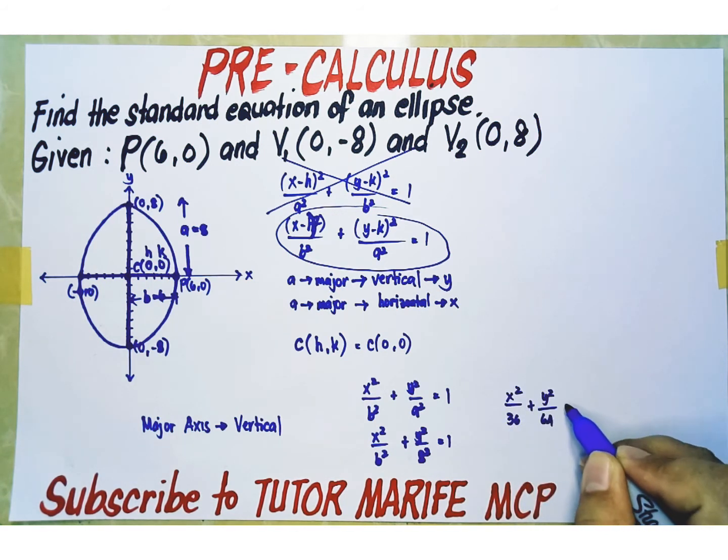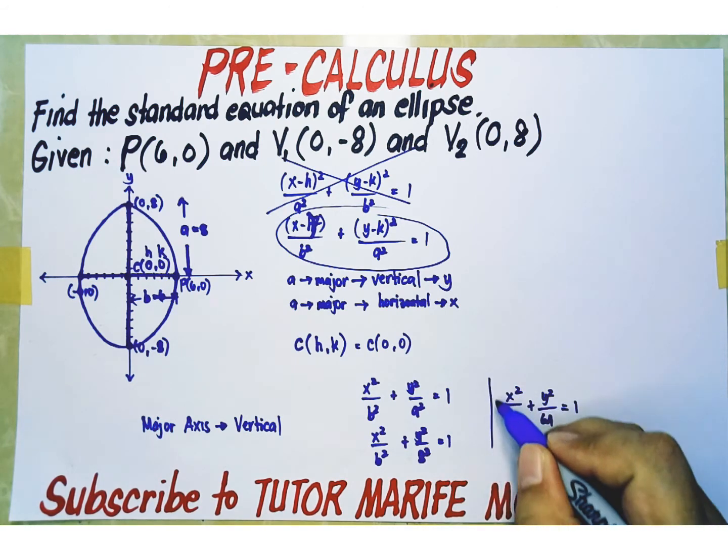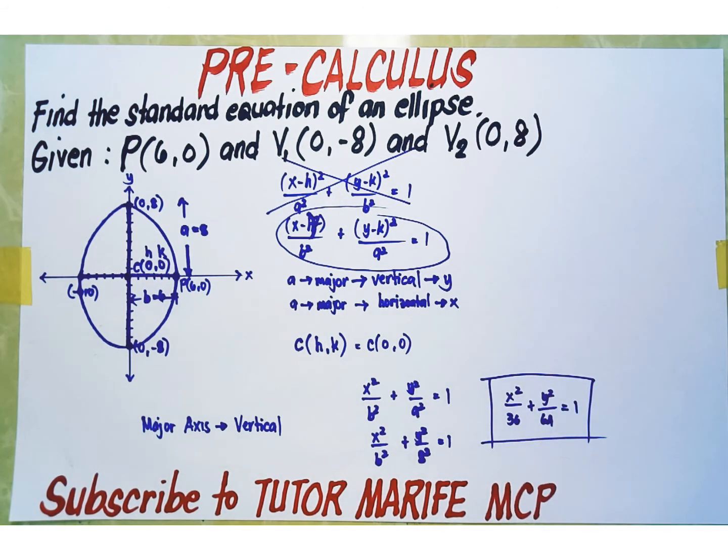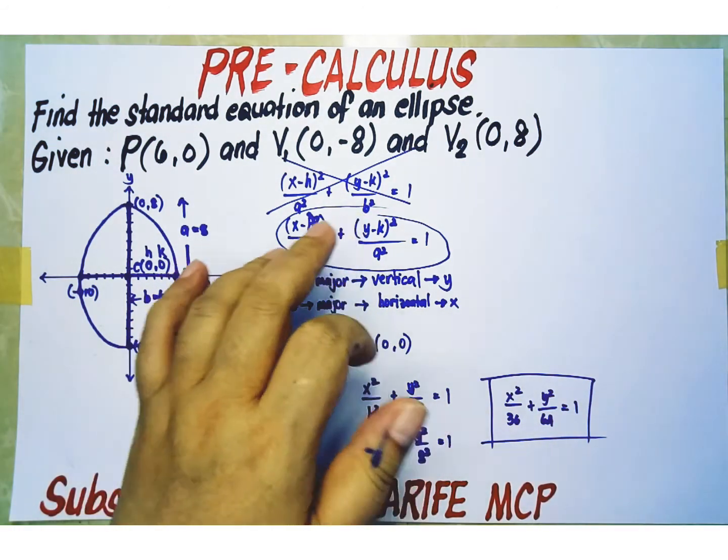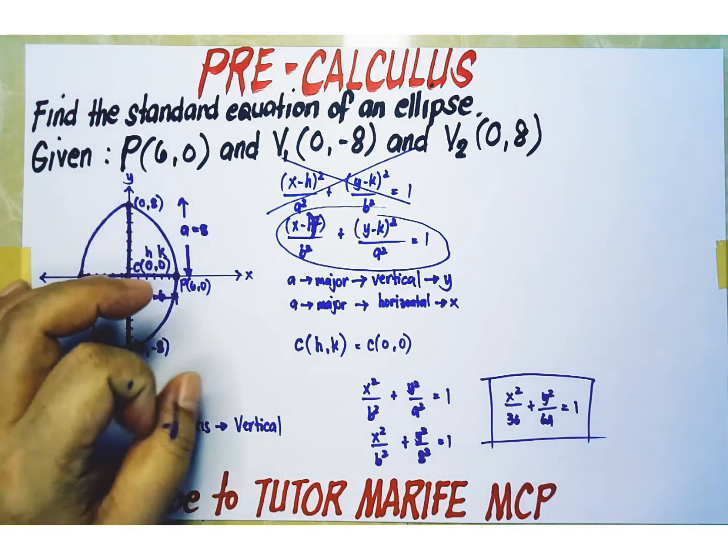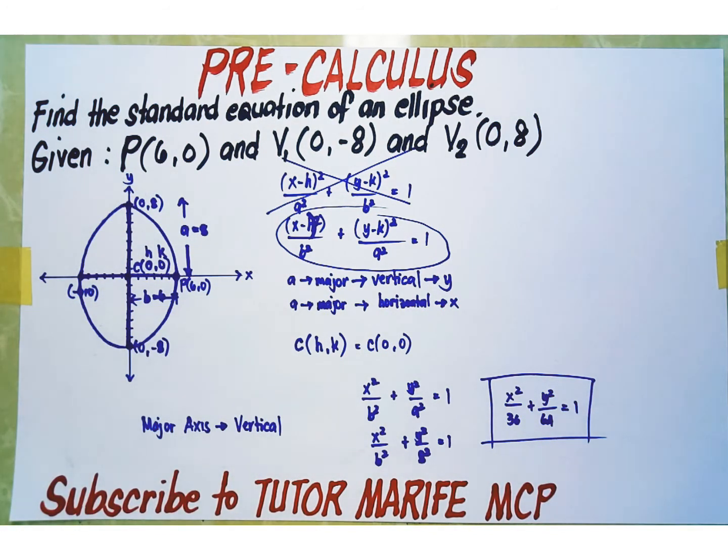So the standard equation of an ellipse with point at (6, 0) and vertices at (0, -8) and (0, 8) is x squared over 36 plus y squared over 64 is equal to 1.